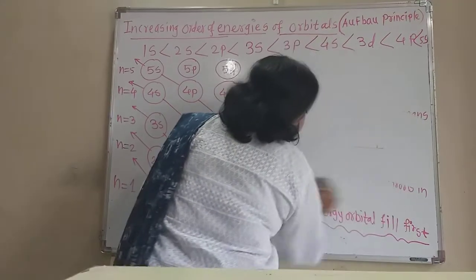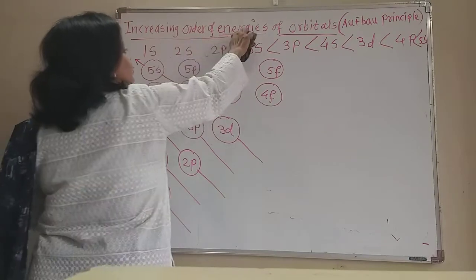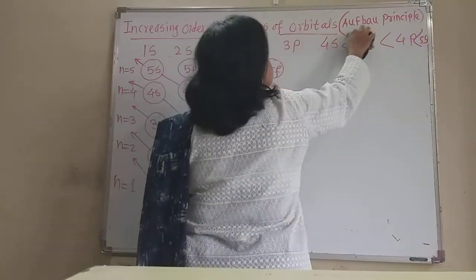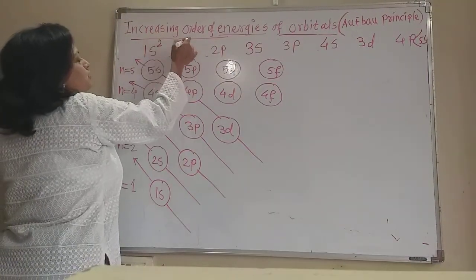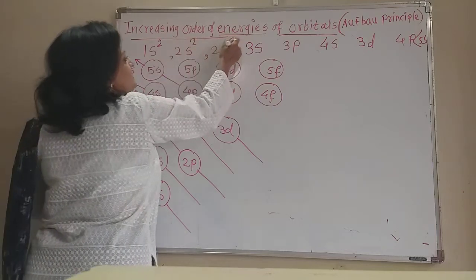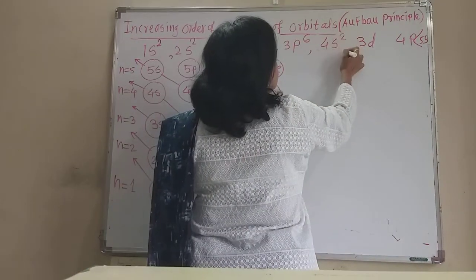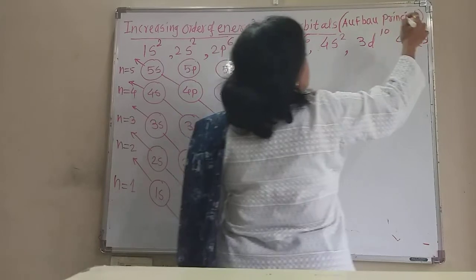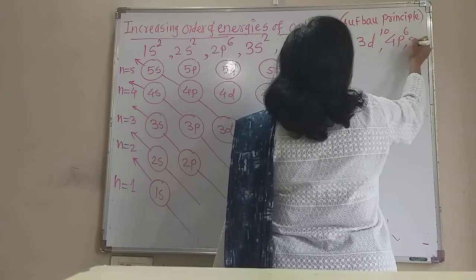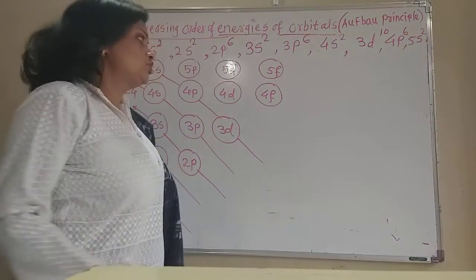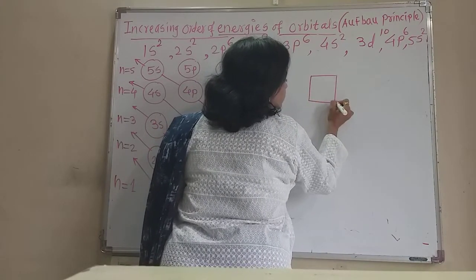We can remember the sequence in this way: 1s2, 2s2, 2p6, 3s2, 3p6, 4s2, 3d10, 4p6, 5s2.